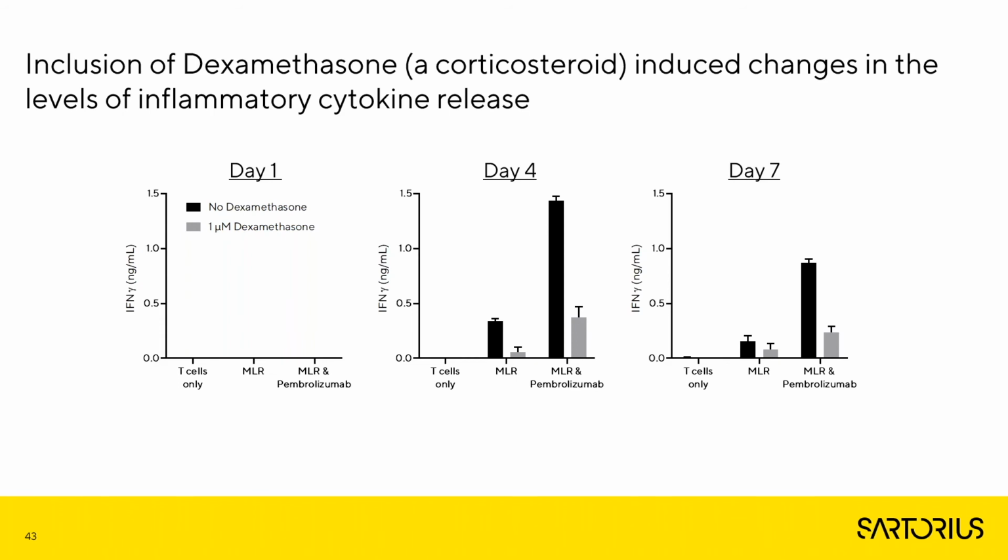However, it is worth noting that whilst the concentrations of most of the inflammatory cytokines in the kit decreased in the presence of dexamethasone, the concentrations of 2 of the cytokines, CCL2 and CXCL10, actually increased when the dexamethasone was added. So whilst it's clear that the corticosteroid is having an impact on the inflammatory cytokine release in MLR, it would definitely take further investigation to determine what the summative impact of these effects would be in vivo.